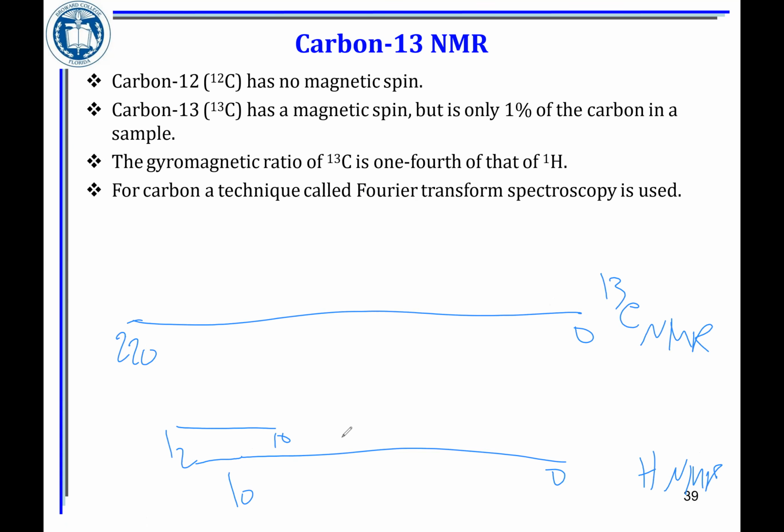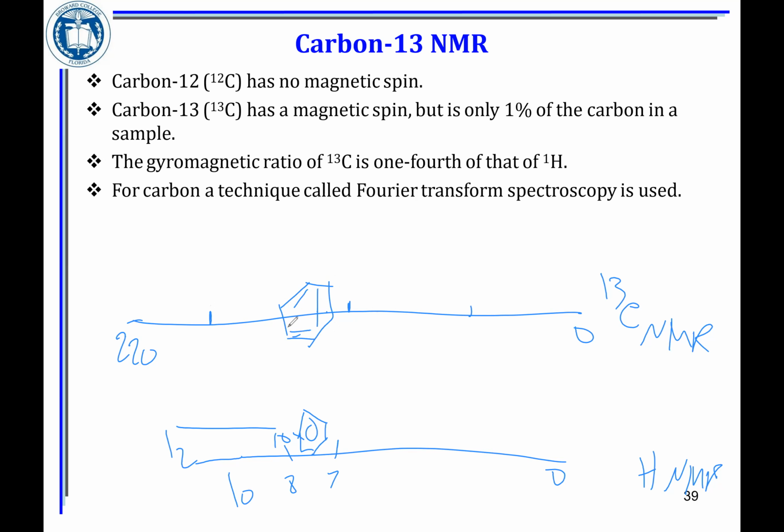For example, aromatic hydrogen appears between 7 and 8. The aromatic in carbon-13 NMR is going to appear at the beginning of the third quarter. So if you divide this by 4, the aromatic ring is going to appear here.